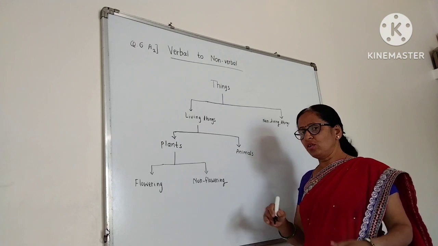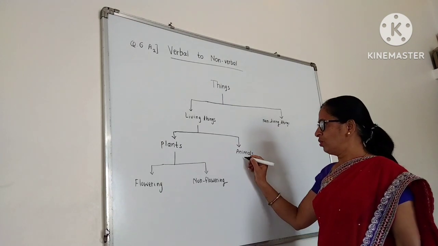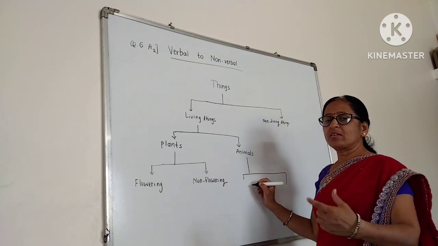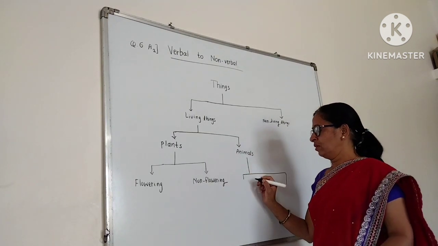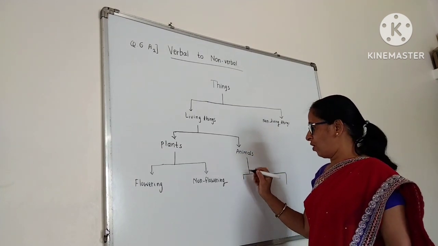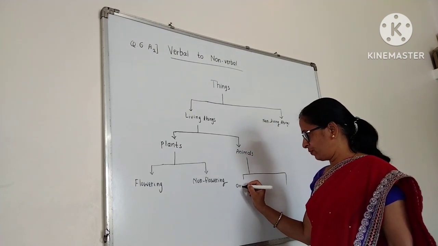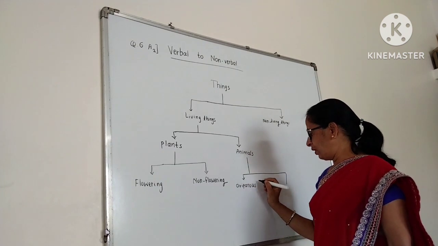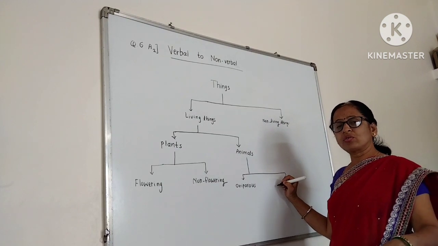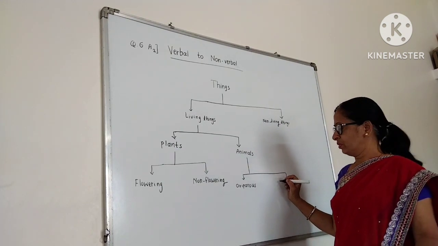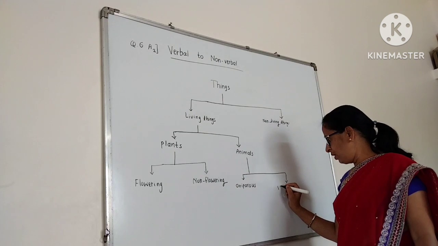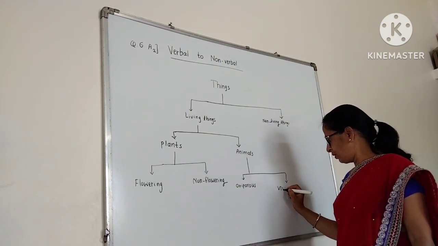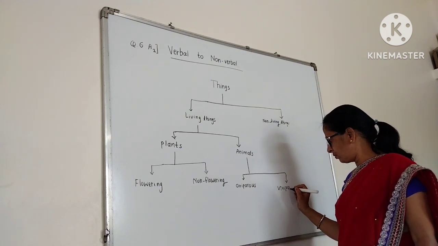Next, animals are also classified into two groups or two types, that is animals that lay eggs are called oviparous. While animals that give birth to the young one are called viviparous.